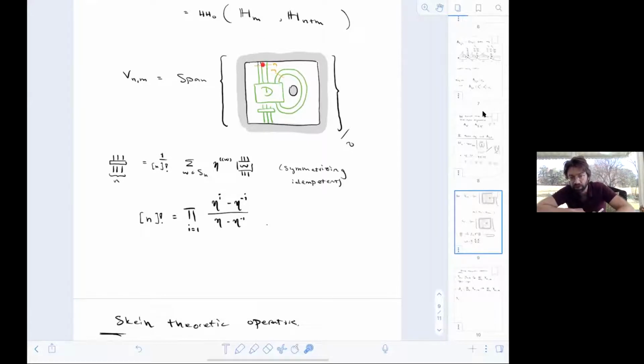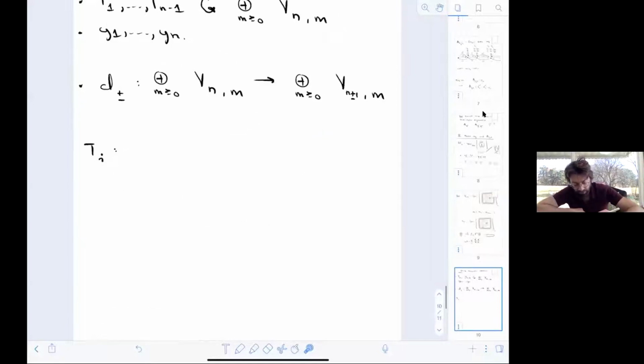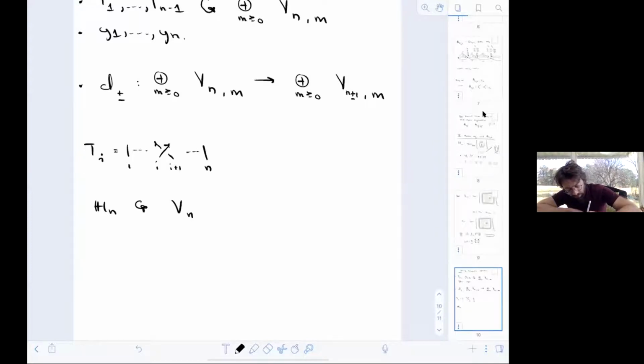We can place braids on the top left, and that describes an action of the Hecke algebra Hn on the top left. So in fact, Ti is interpreted as the positive generator, the positive crossing between strands i and i plus 1. And the whole Hecke algebra Hn acts on Vnm by the same formula that we had a moment ago.